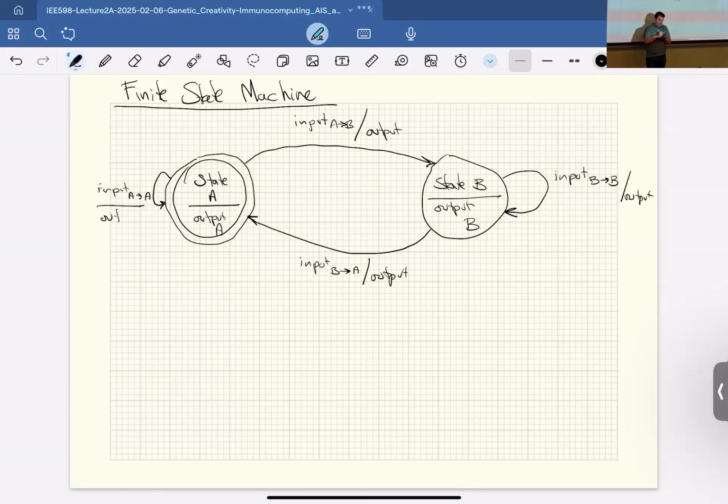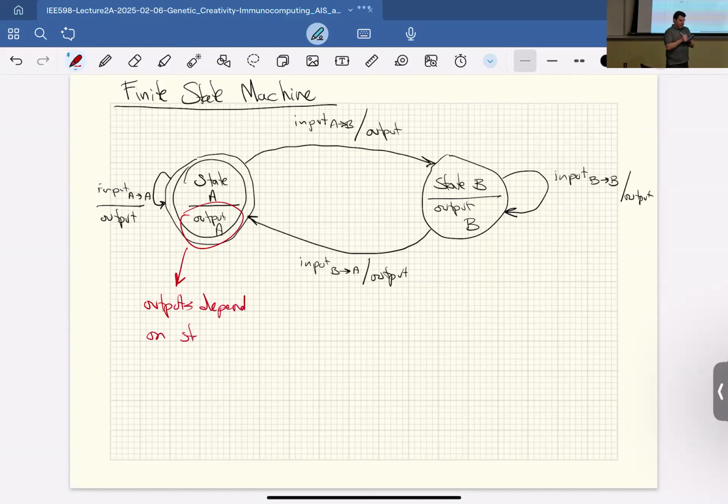So these are different ways that we can create variable finite state machines. Just as a matter of terminology, it doesn't matter too much, but when your outputs depend on state, we call that a Moore machine.